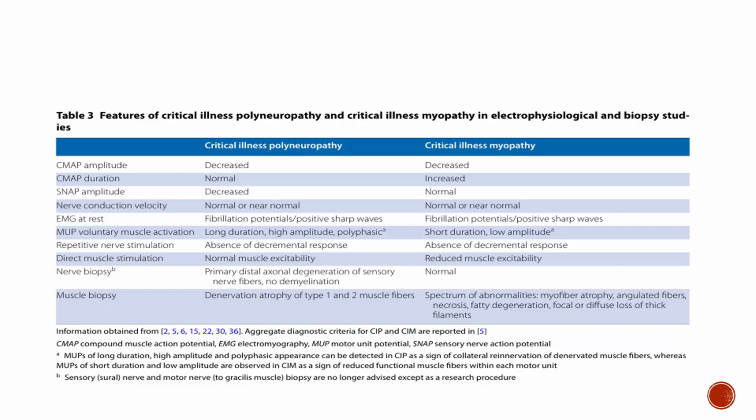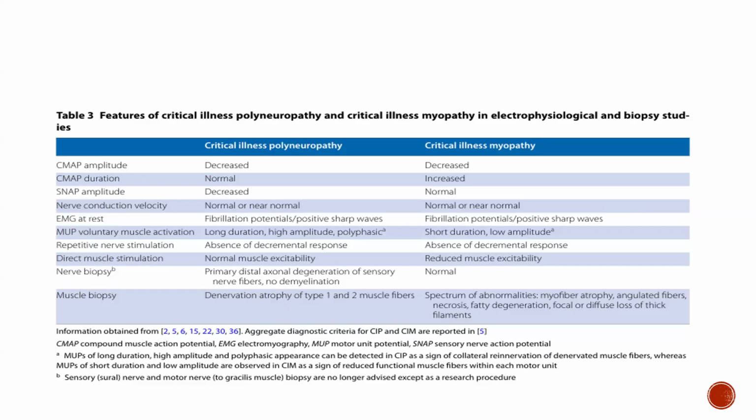Repetitive nerve stimulation will show absence of decremental response in both conditions. Direct muscle stimulation will show normal muscle excitability in critical illness polyneuropathy, but in critical illness myopathy, it shows reduced muscle excitability.